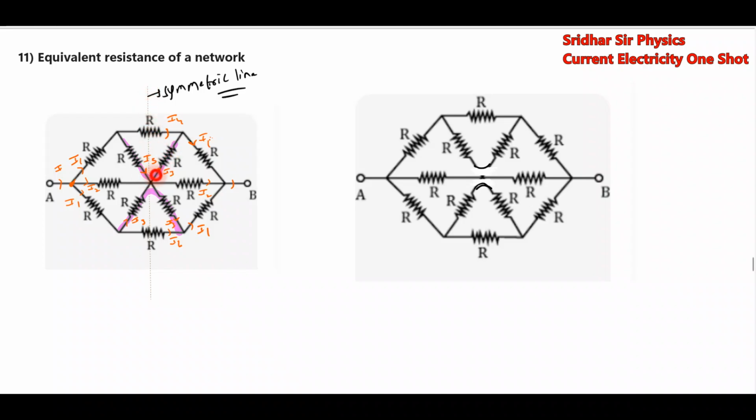If the symmetric line passes through a junction point, the junction will be only physical, not electrical. So now we have removed it. Then these two are in series, effectively in parallel.